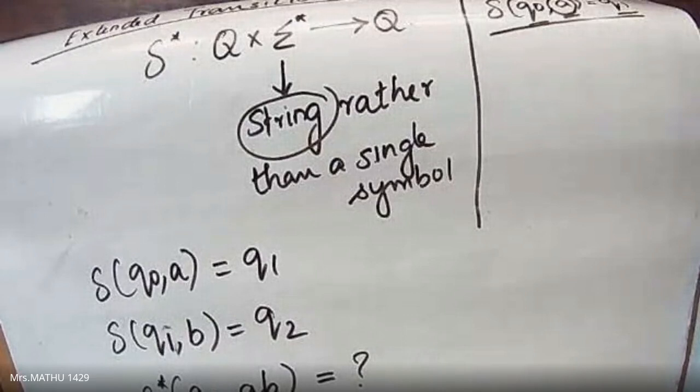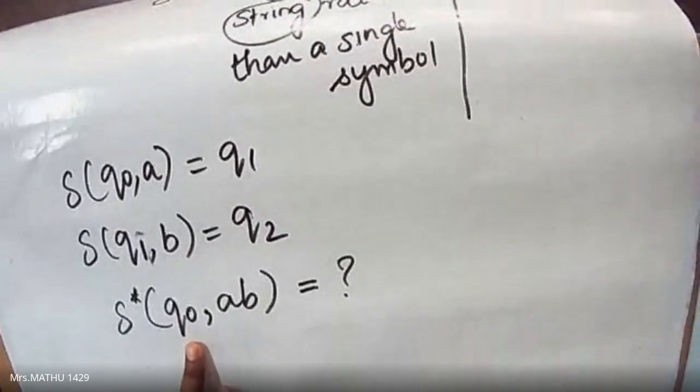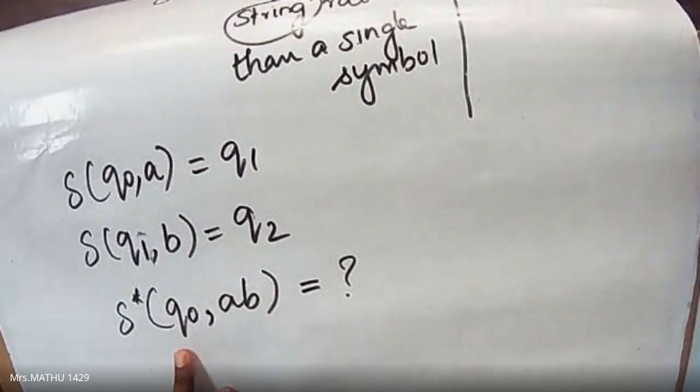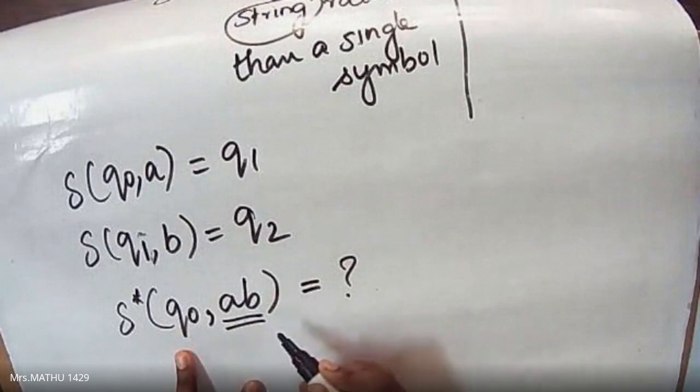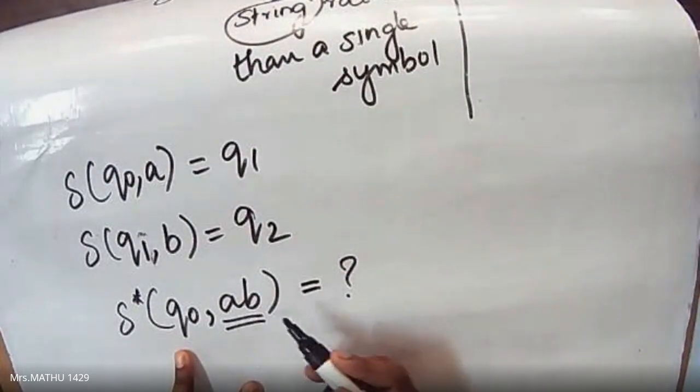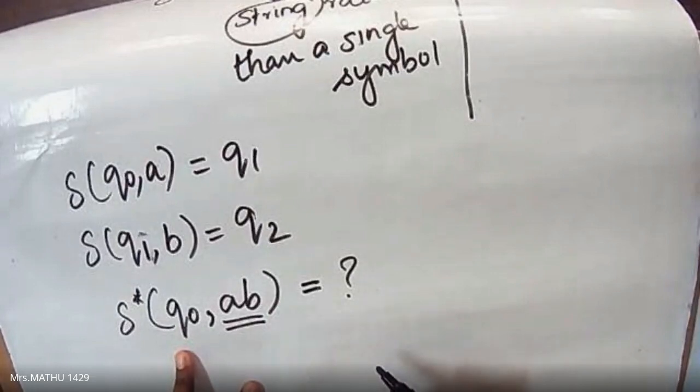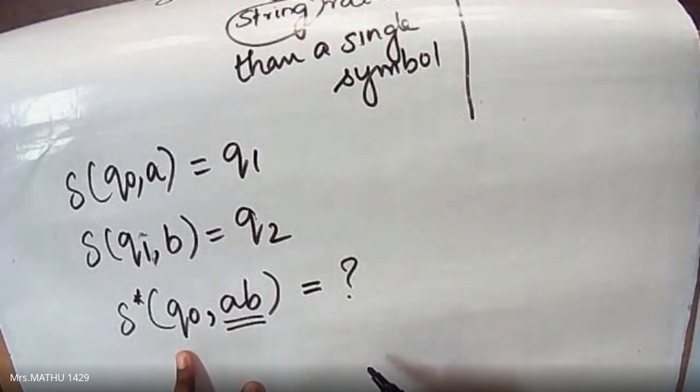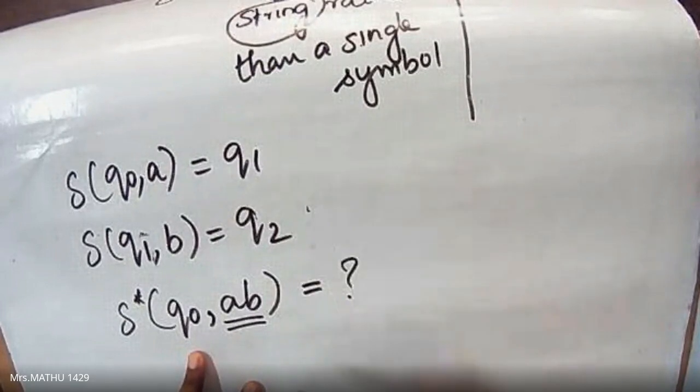Here we are asking about an extended transition function. Instead of a single symbol, a string ab is given, so we want to find what is the output state. Can anyone guess from the given transition functions?